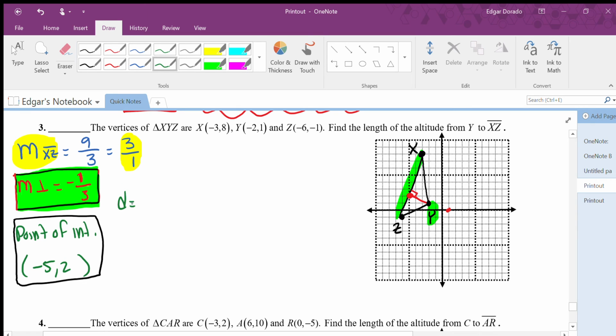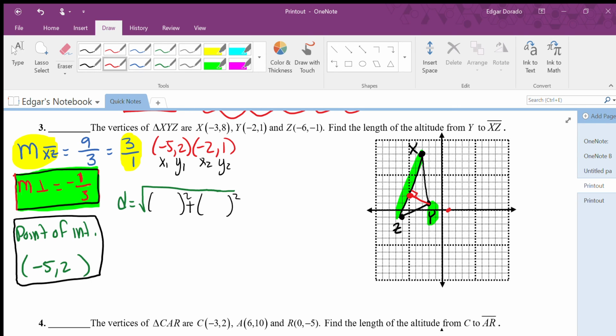We have d equals... what are my points? Point of intersection and y. I'm going to call this x1, y1 and x2, y2. So it's going to be x2 is 2 minus 5, and then y2 is 1 minus 2.